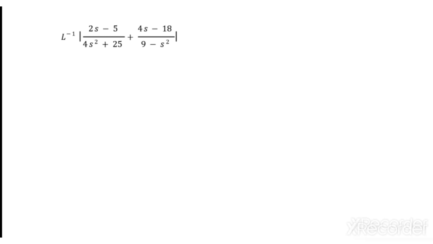Let me take one more problem here. That is L inverse of 2s minus 5 by 4s square plus 25 plus 4s minus 18 by 9 minus s square. So just observe the denominator here. So here denominator is of the type s square plus a square, and one is s square minus a square type.